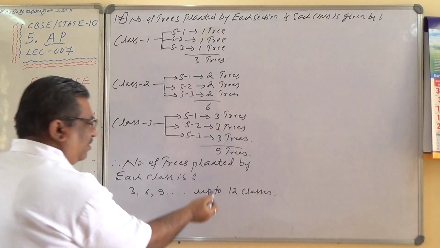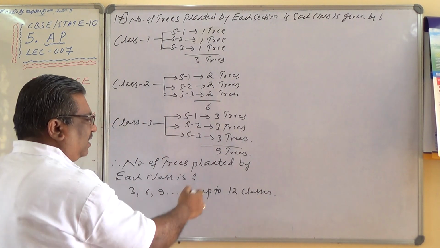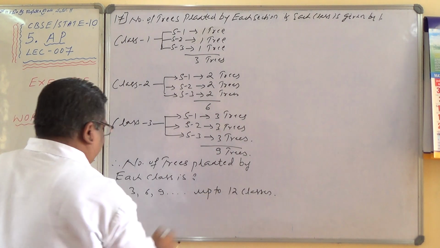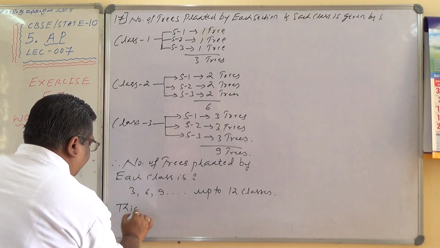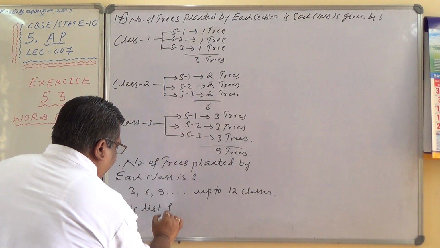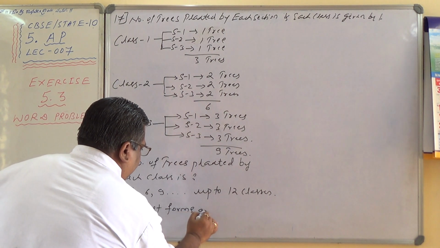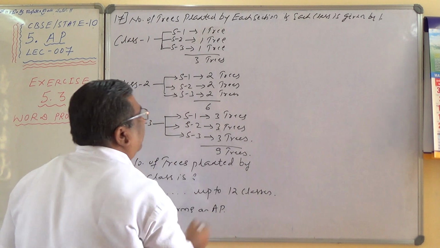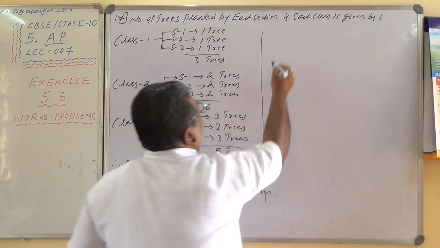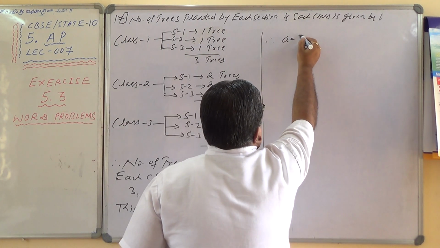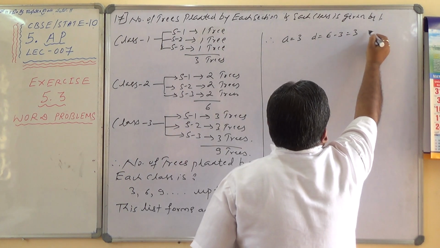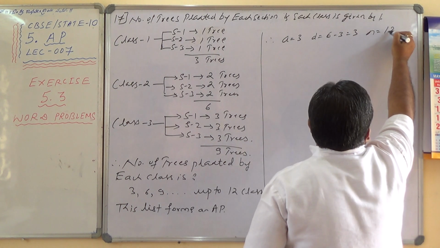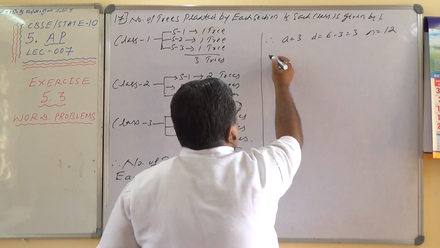Up to 12 classes, because there are totally 12 classes from 1 to 12, and therefore we have to consider up to 12 classes. And this list forms an AP. Therefore, A equals 3, D equals 6 minus 3, which is 3, and N is equal to 12, because there are 12 classes.